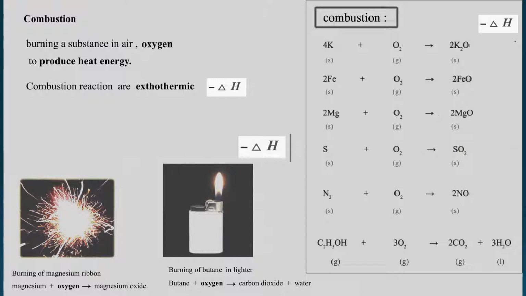Have we done any combustion equations? Yes. For example, a strip of magnesium burning in air gives a very bright white light. Or you can have butane burning in oxygen, which happens in your lighter. It also gives carbon dioxide and water, and they all release energy. Exothermic.